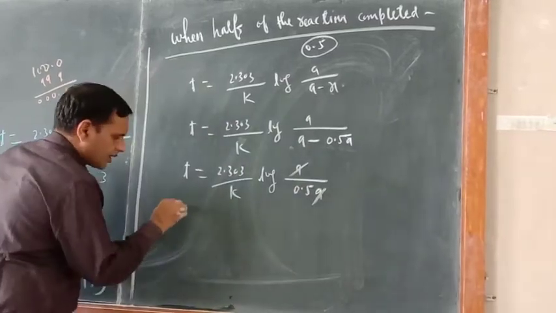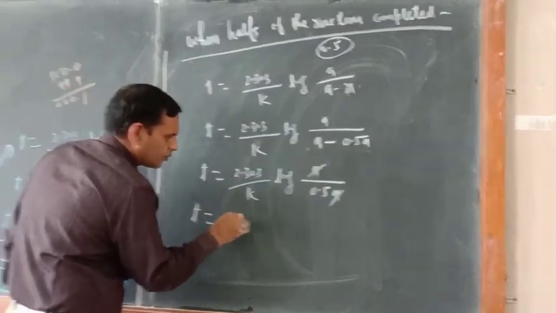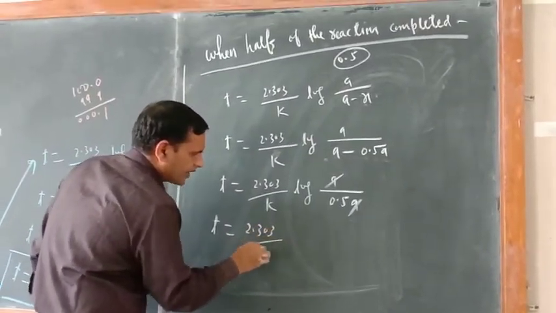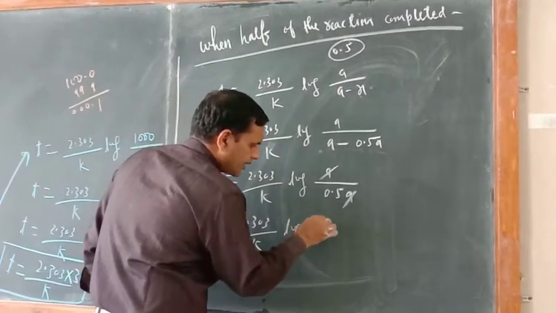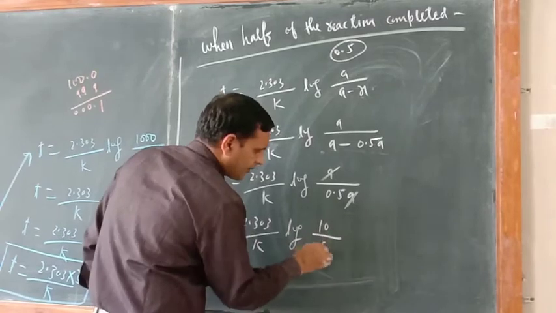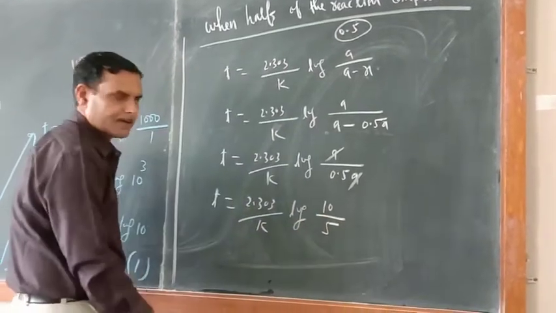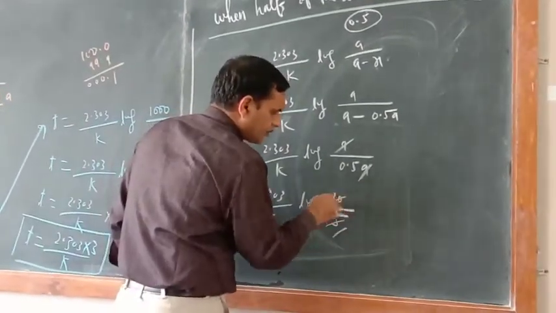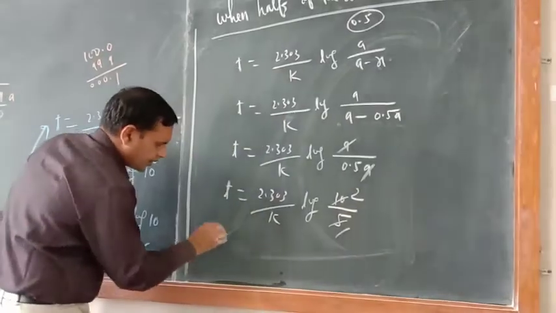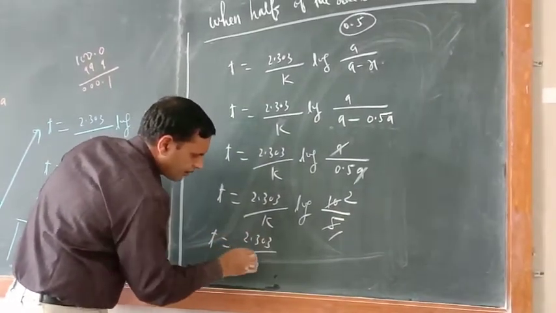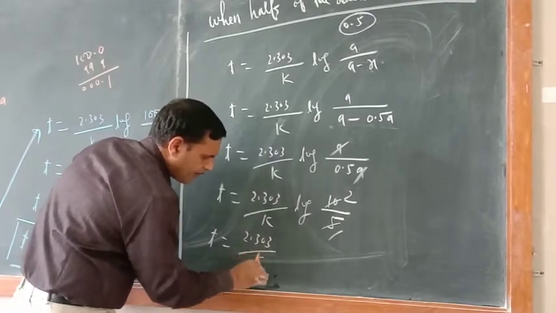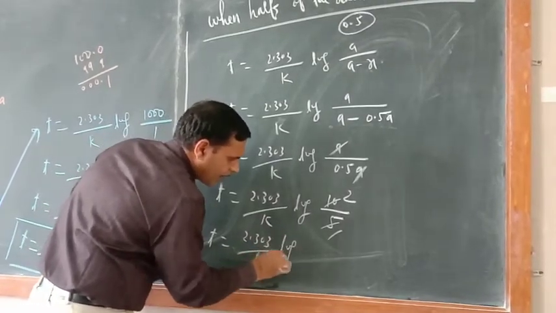Now t equal to what is there? 2.303 by k, and here log we can write 10 by 5, that is equal to 2. So ultimately t equal to 2.303 by k, and here log 2.